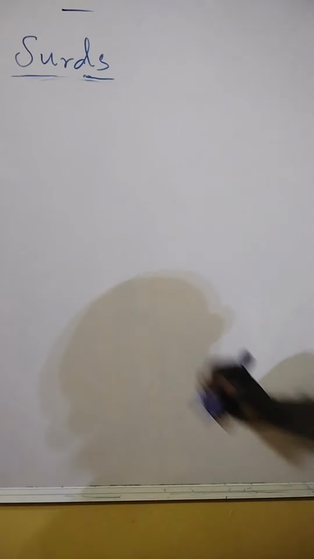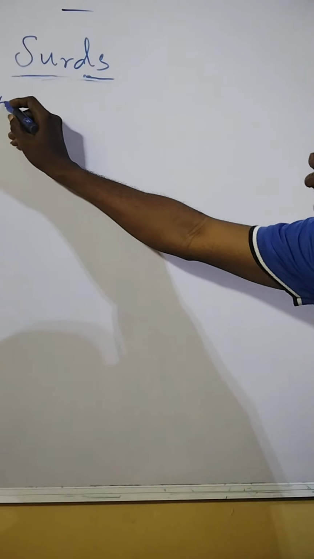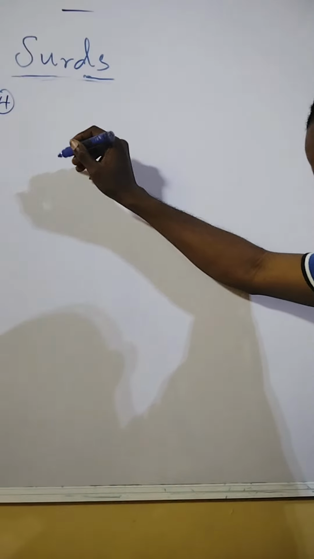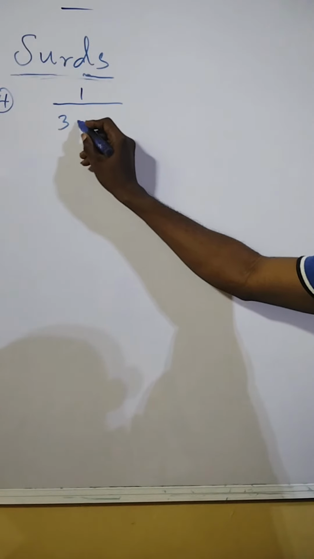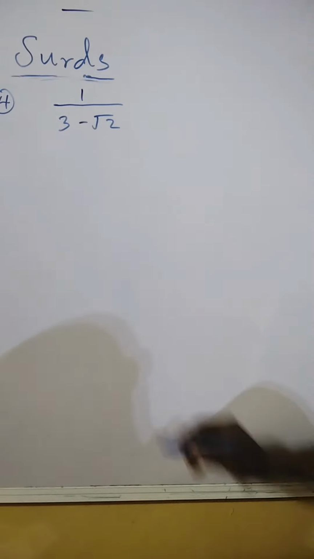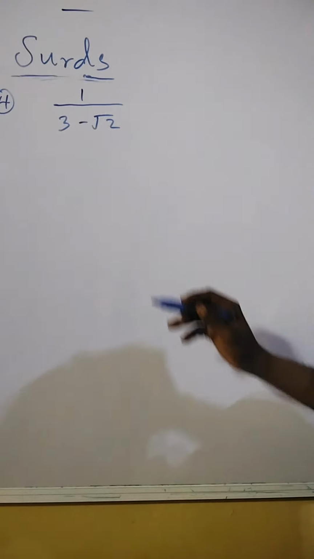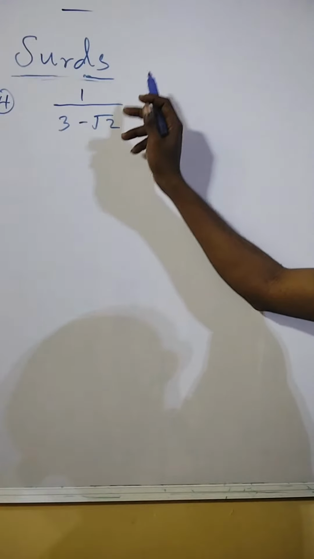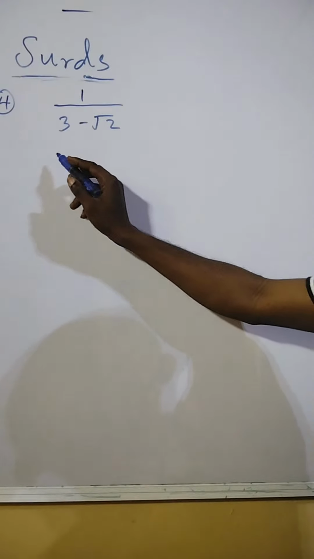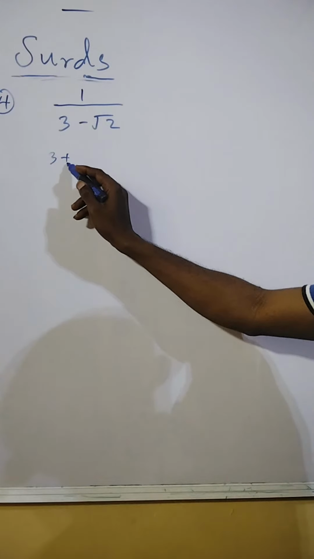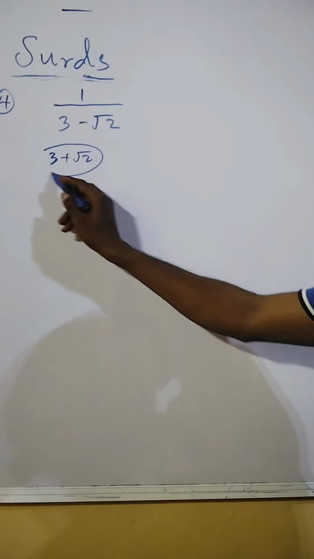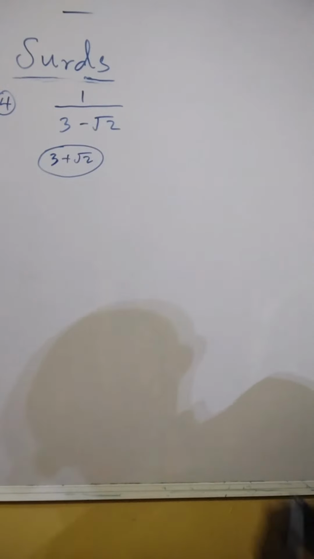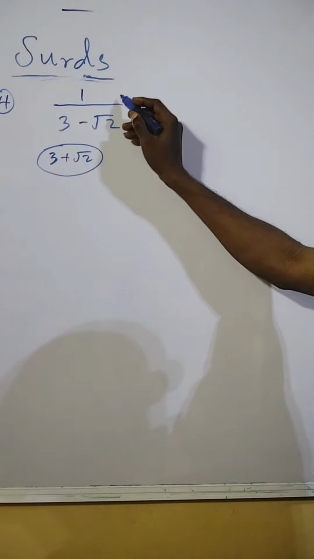That's question 4. So we have 1 divided by 3 minus root 2. This is another simple one. So we just use the conjugate surd here to multiply the numerator and denominator, and the conjugate surd is 3 plus root 2. So we use 3 plus root 2 here to multiply 1 and this.